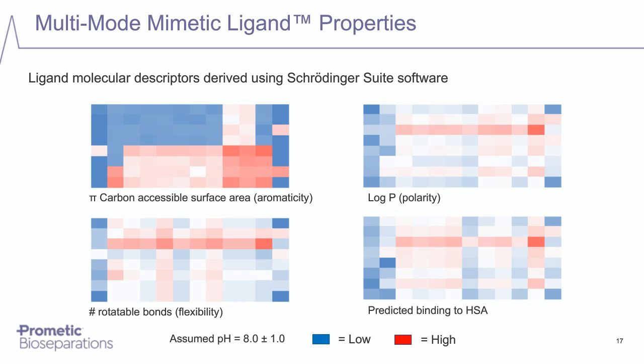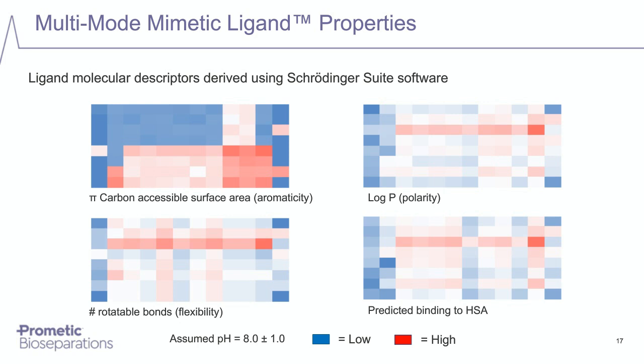And if we think about albumin, albumin is a protein that binds long-chain fatty acids, which are long-chain hydrocarbons. So what we see here is that this particular ligand at the C11 position, we're predicting it's a good albumin binder because it's relatively apolar, it has a long aliphatic chain, and that makes it quite flexible as well.